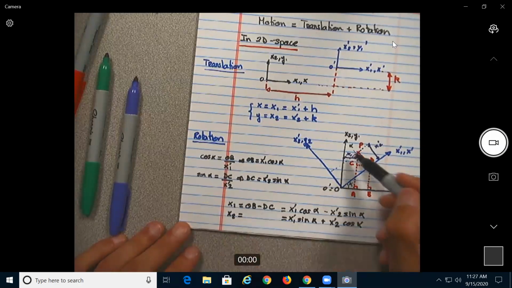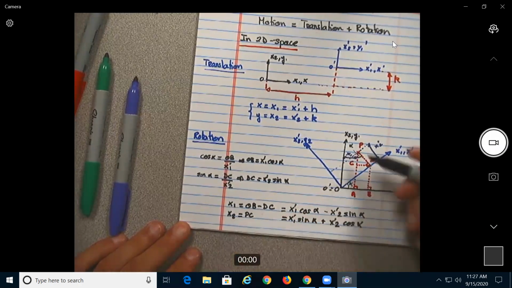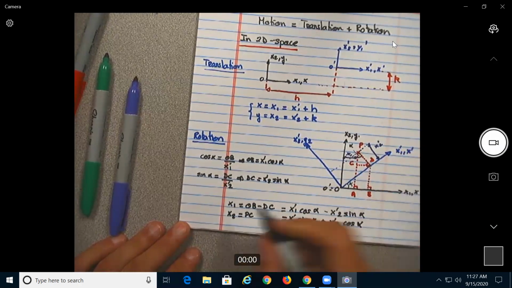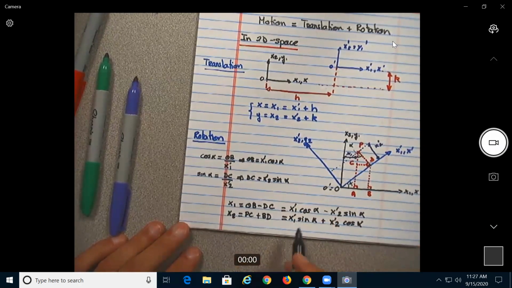This will be equal to PC. So the total position of P will be what? The distance PC plus BD. And if we look at the relations, we have the same thing here: x prime 1 sine alpha plus x prime 2 cosine alpha. Because what will be PC?